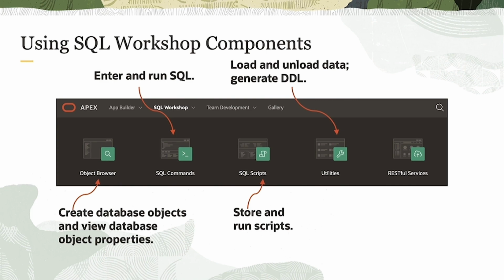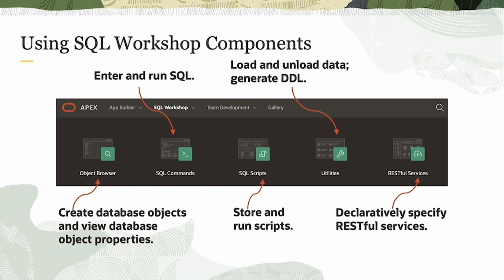Use Oracle Apex utilities to build SQL queries, load and unload data from an Oracle database, generate DDL, view object reports, manage user interface defaults, restore dropped database objects, compare schemas, monitor the database, and view database details.